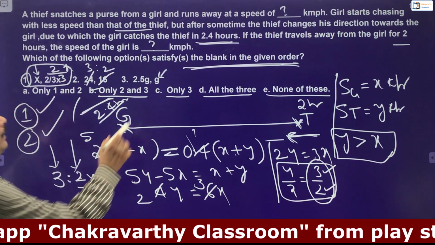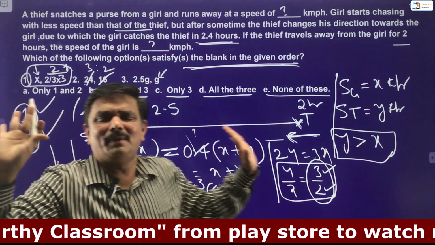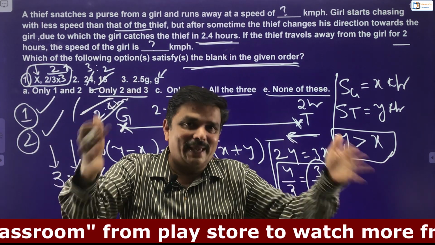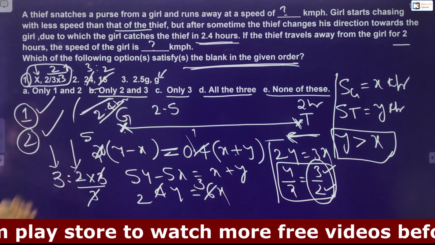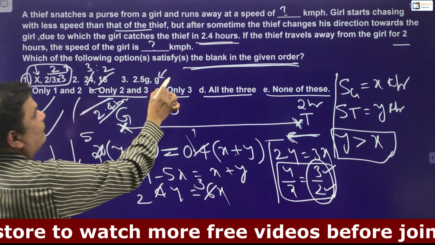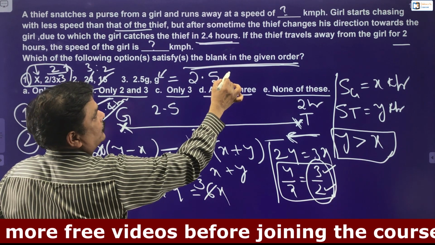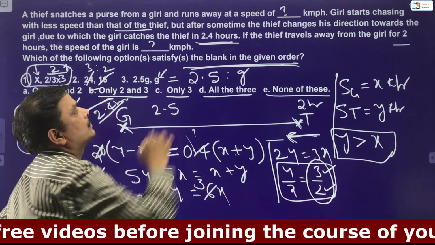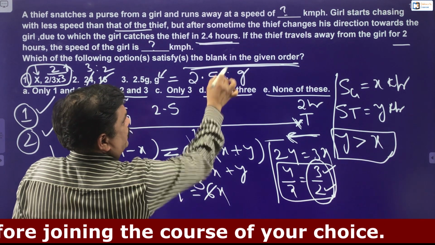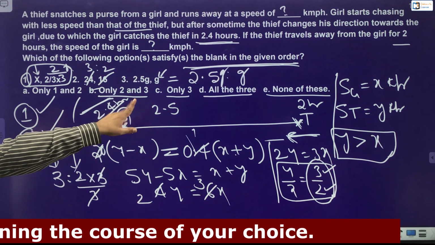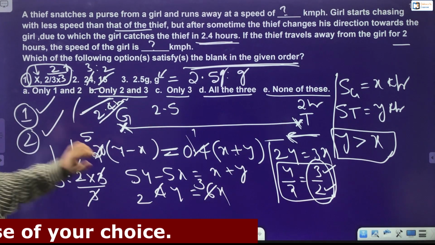What about the third one here? 2.5g, I'm writing here. G means whatever the variable may be, they may keep k, x, y, whatever it may be. Here 2.5g and g. Now you say, if it is 2.5g and this is only g, whether it is satisfying or not. If you go for g as the first value, the same thing.